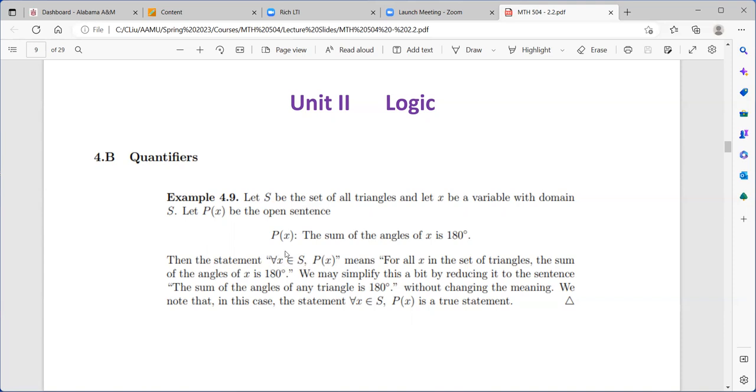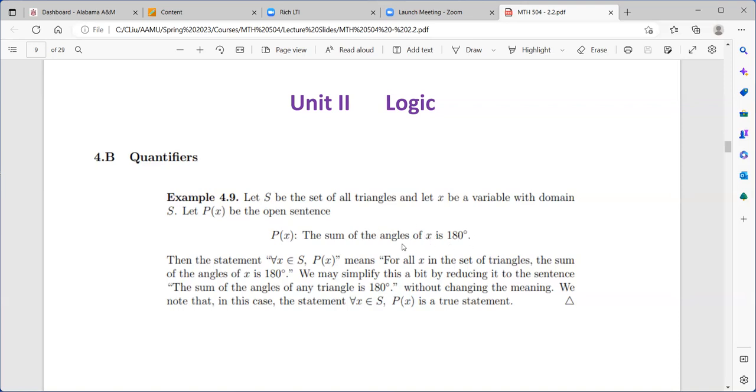so remember this becomes a statement because you already pick a value of x from S. So it says for each or all of the x in S. Because we know S is the set of all triangles, that means for all triangles, the sum of the angles of any triangle is 180.